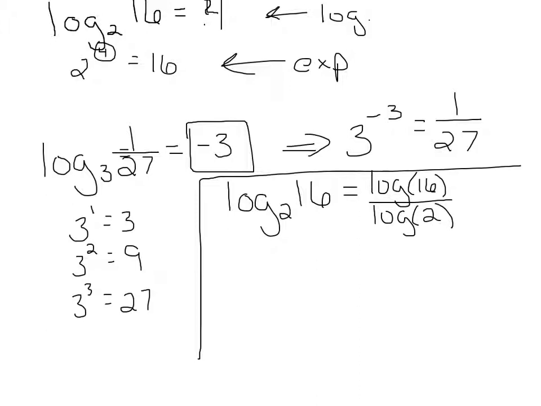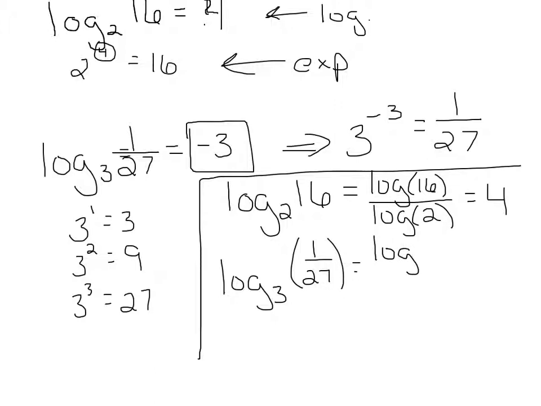And this is one way you can test your answers. You should get a 4 back. So log base 3 of 1 over 27 could be put in the calculator as log of 1/27 divided by log of 3.